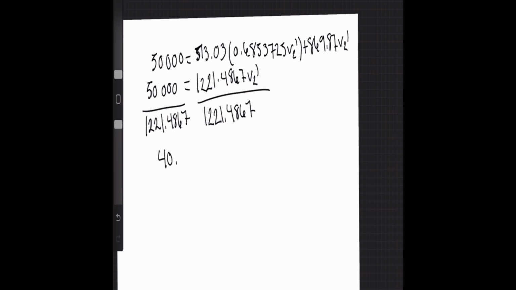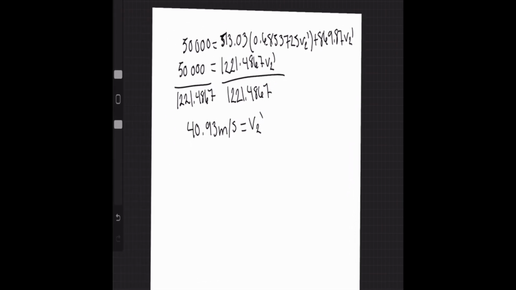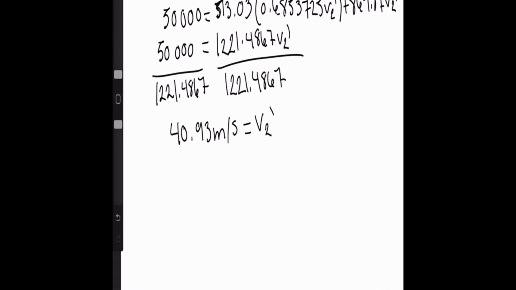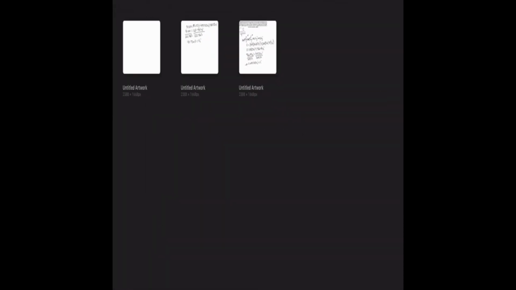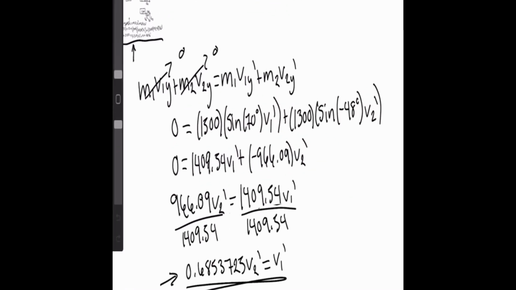Which will give us 40.93 meters per second equals V2 prime. Now, to solve for V1 prime, we are going to use this equation here.